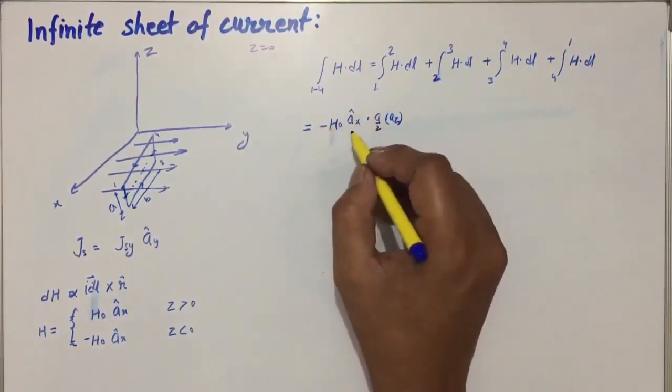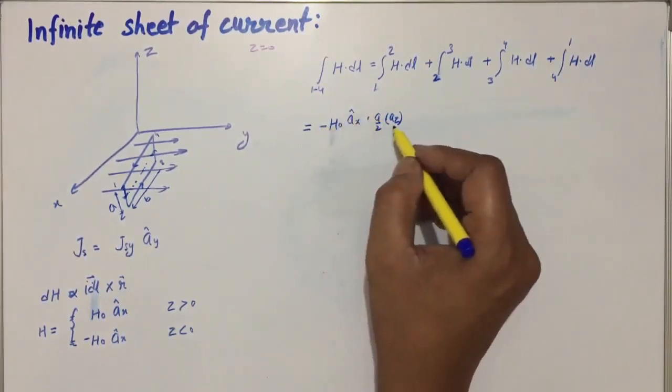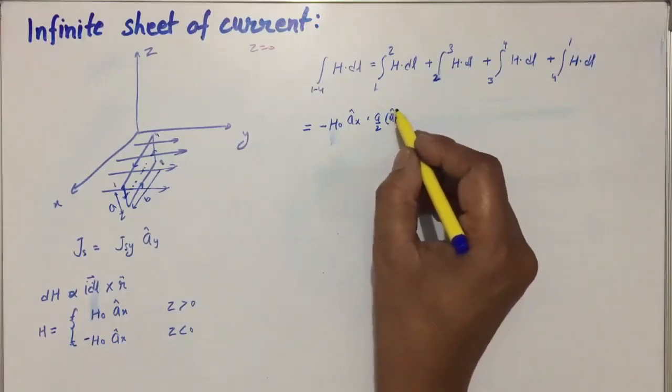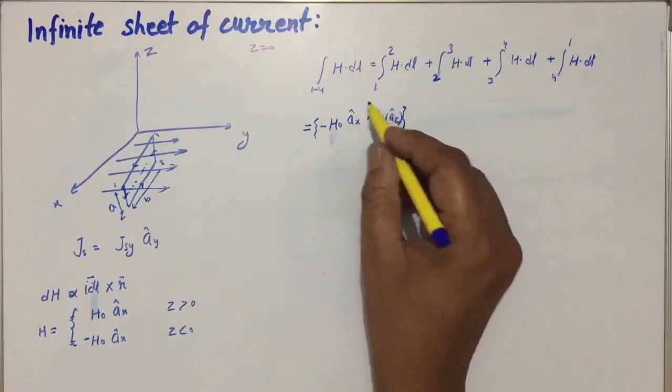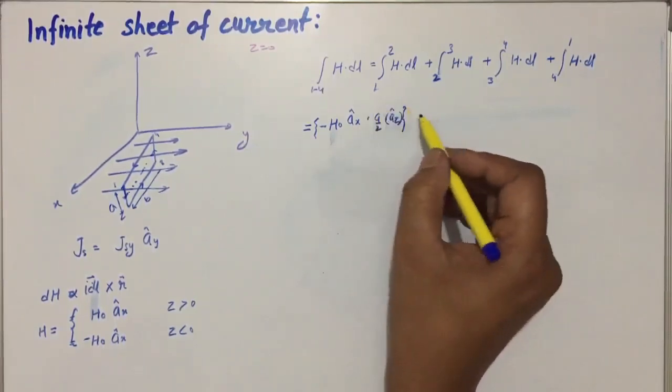Apart from that, the dot product of ax and az will give you 0. So don't worry about this term at this moment.